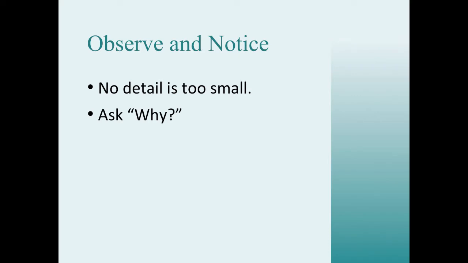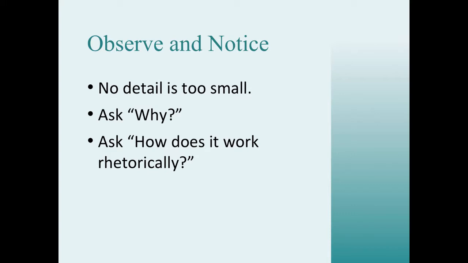Ask, why is that detail there? Every detail in most texts is there on purpose. It's there for a reason. What's going on there? And finally, it's very important to ask, how does it work rhetorically? Because in most cases, analysis is about not what is going on, but how something is working or not working.